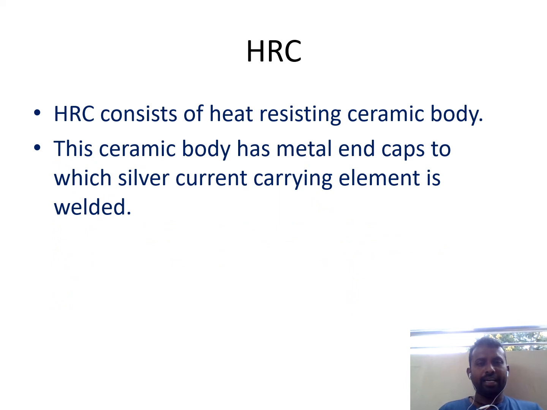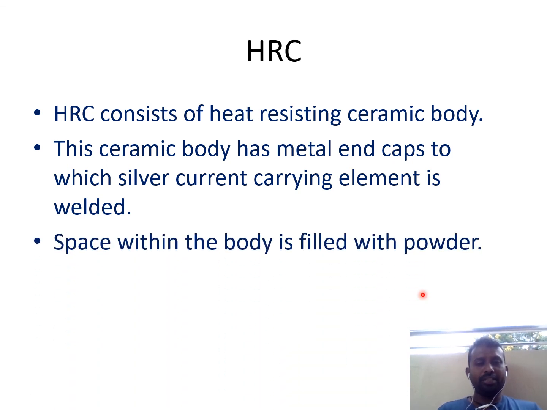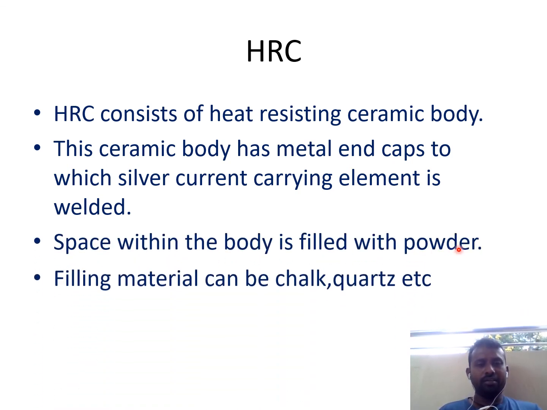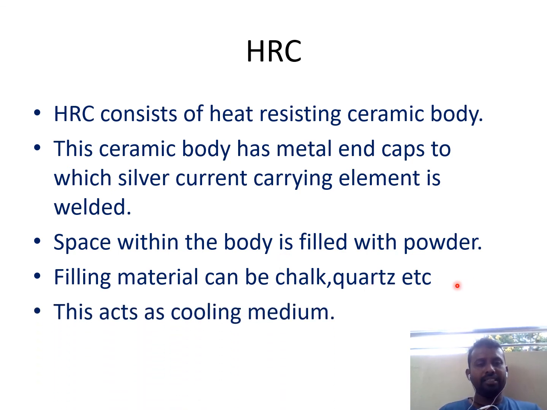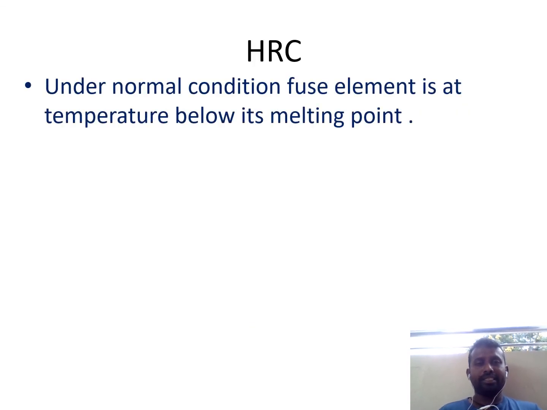This ceramic body has metal end caps to which a silver current carrying element is welded. The space within the body is filled with powder. The filling material can be chalk, quartz, plaster of Paris, etc. This acts as a cooling medium, which quenches the arc.